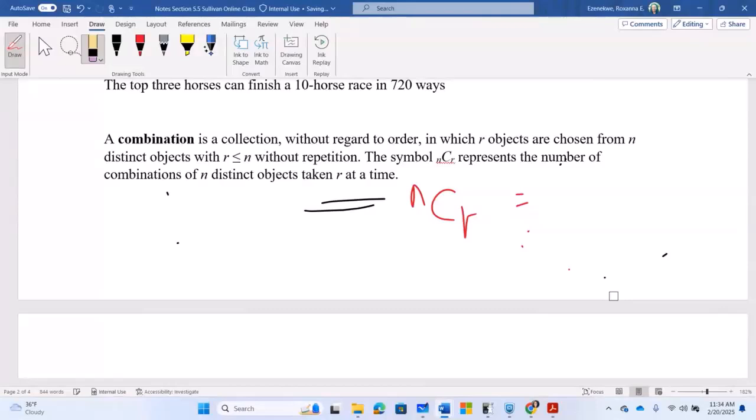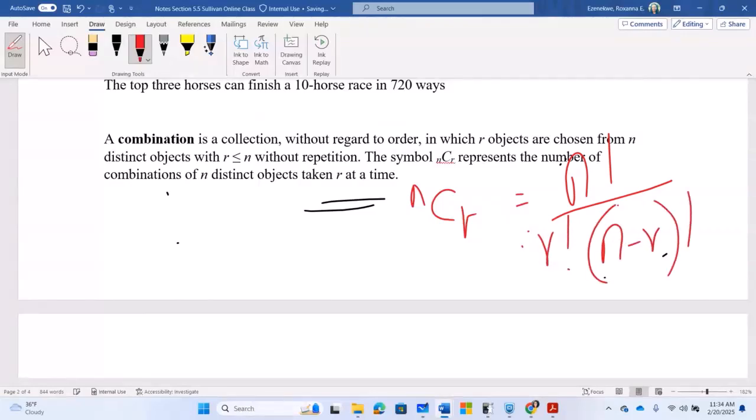So I have to rewrite the formula: n factorial over r factorial times n minus r all factorial.